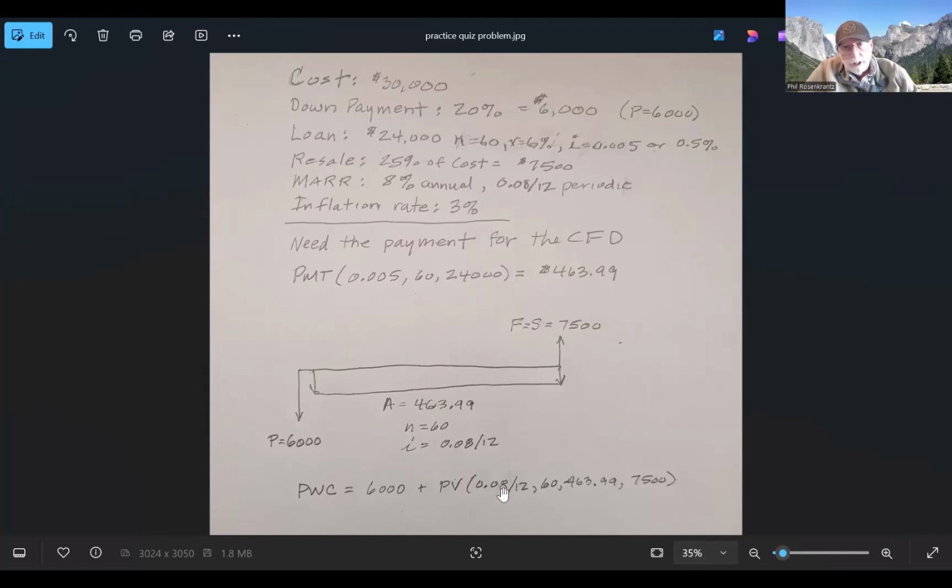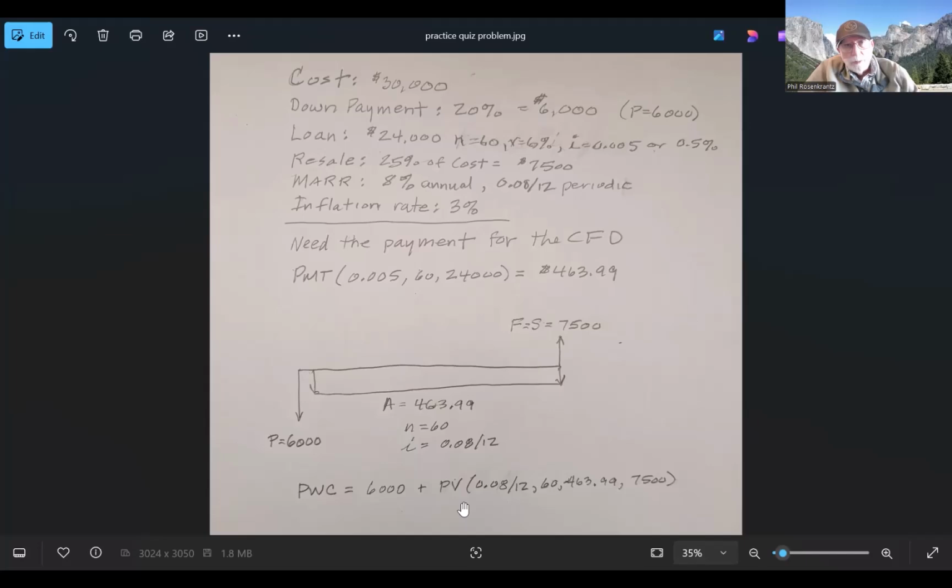You have to divide by 12 to get the periodic interest rate. 60 months, 60 periods. Then you have a down arrow of $463.99 for the payment, and the future value is 7,500, and we're putting a plus sign there. And in order to make this work, because it reverses signs, I put a plus sign here, and if I just plug this in, I get the answer.